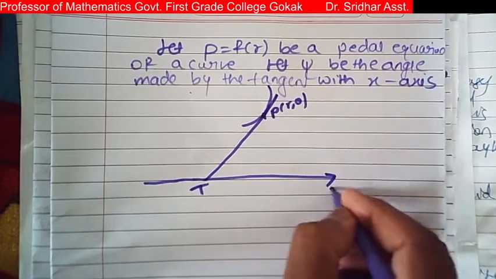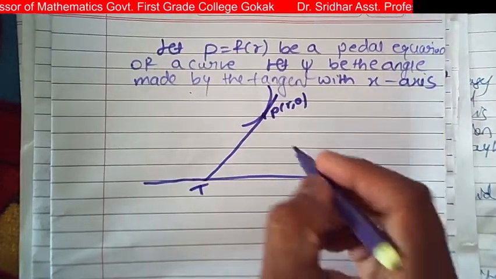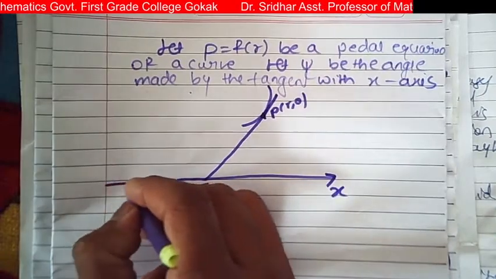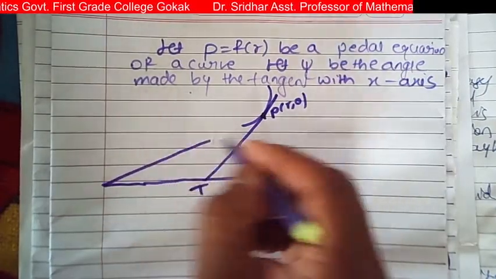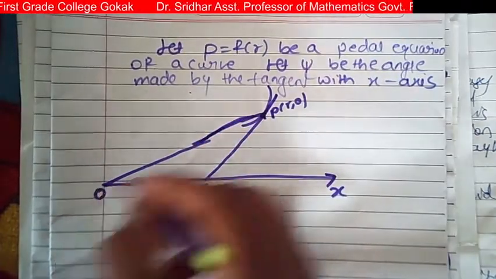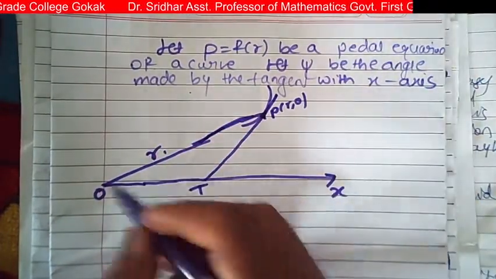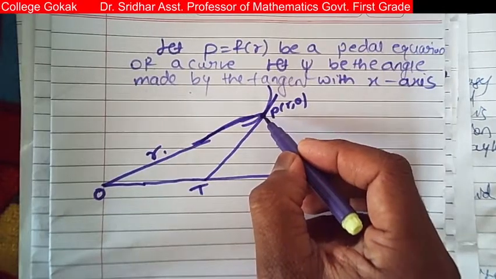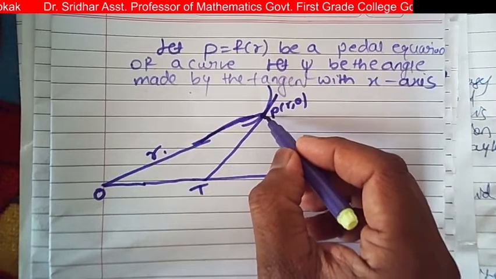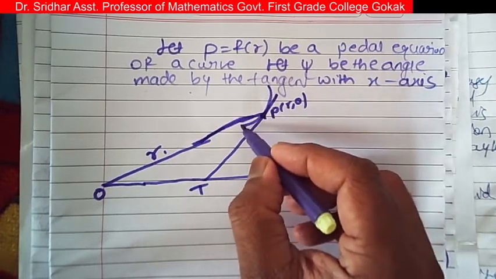So this is the x-axis, this is the origin, and this is the radius vector. So OP is the radius vector, and this is a curve. This is a point P on the curve.